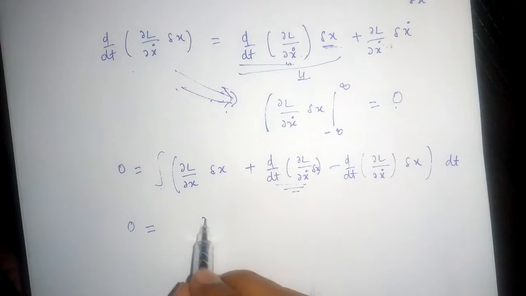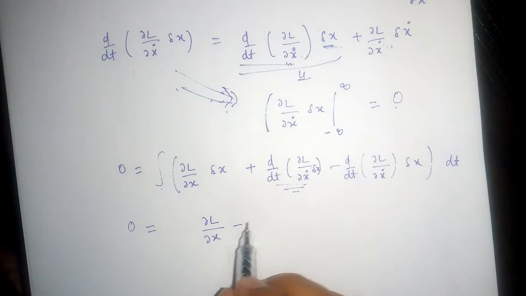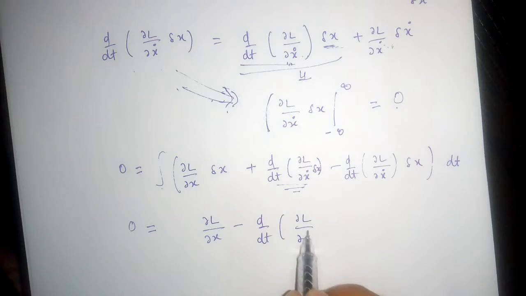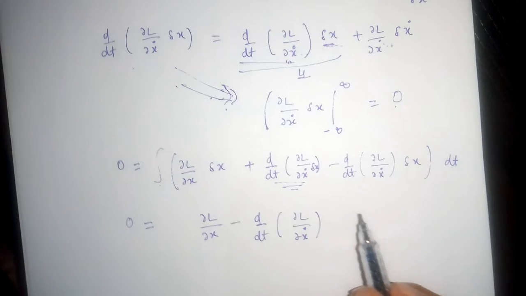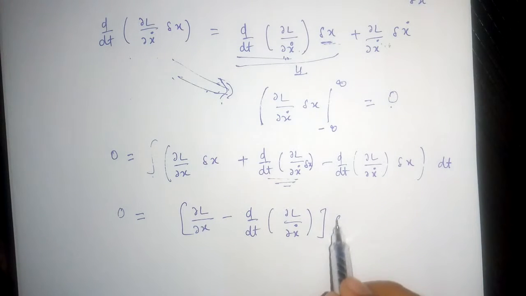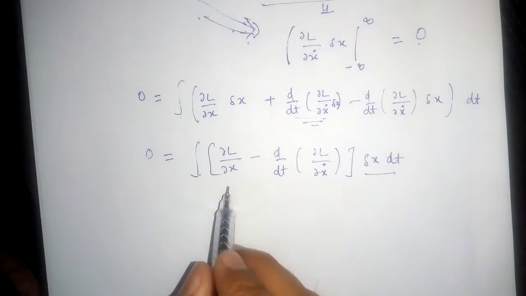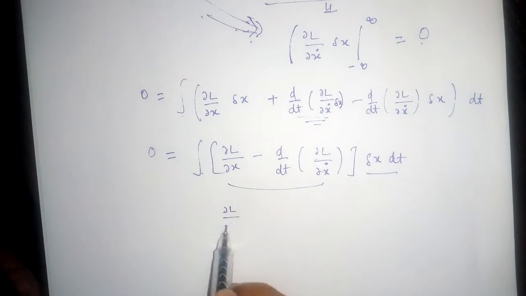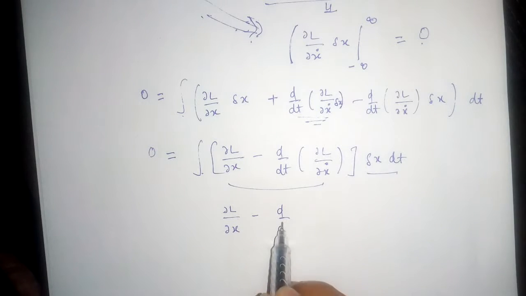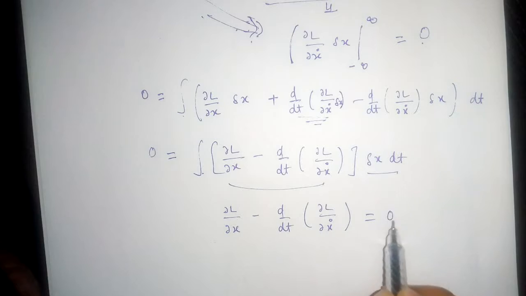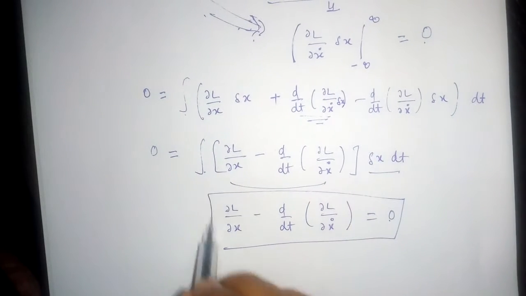Then this term will be 0 and the remaining term I can write here d by dt. Delta x will be common in both the cases and dt. Since these are arbitrary, we can directly put this quantity to 0, so this is our equation of motion for the Lagrangian.